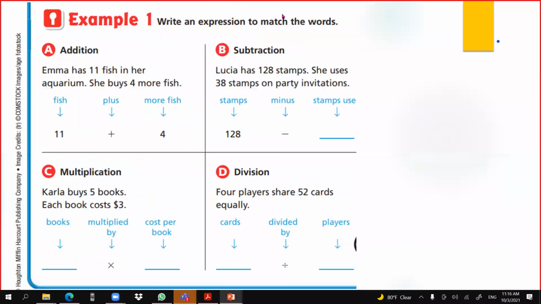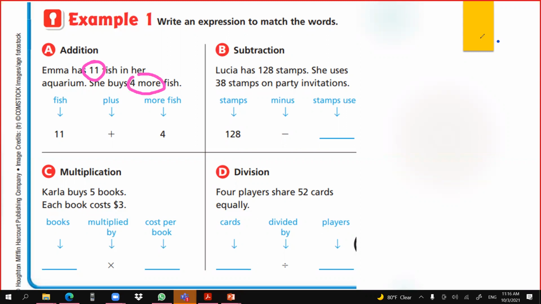Now here, write an expression to match the words. Emma has 11 fish in her aquarium. Show here, what does she have? She has 11. Then she buys 4 more fish.